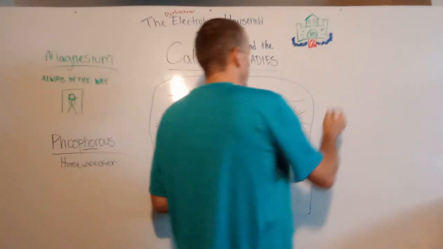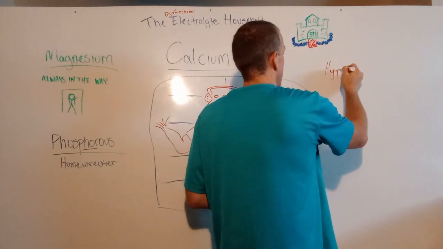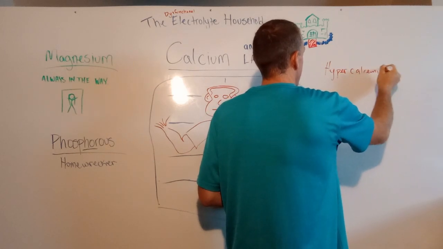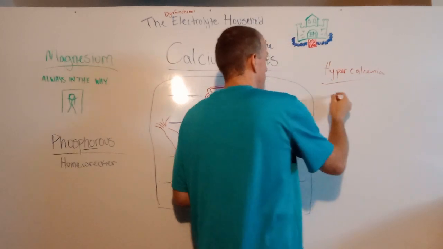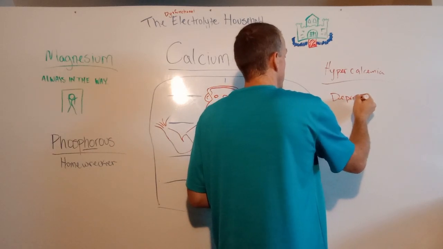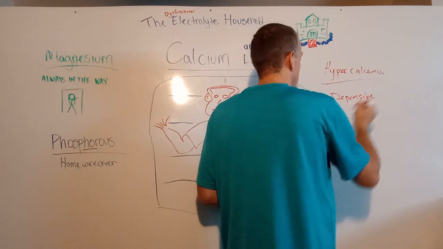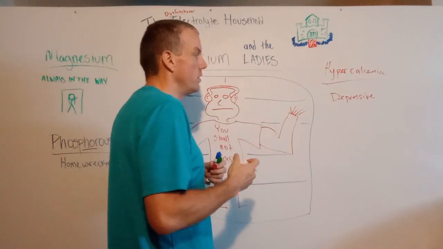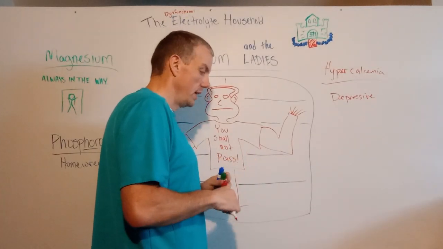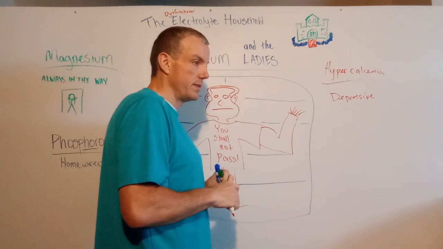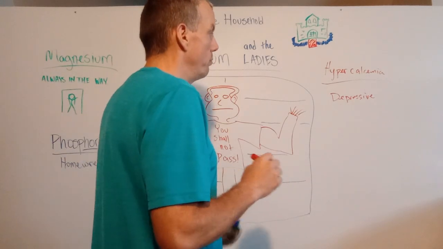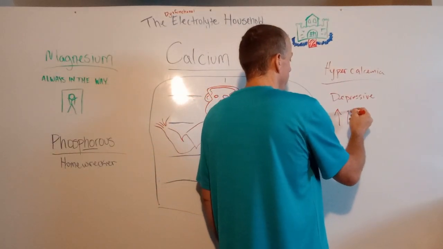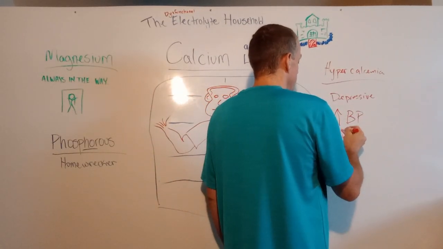So when you have hypercalcemia, you pretty much get depressive symptoms in your neurological function. You can get tingling, paresthesia, numbness, etc. But your blood pressure will actually go up because your contractility will go up.